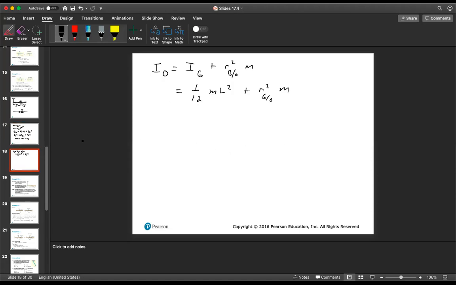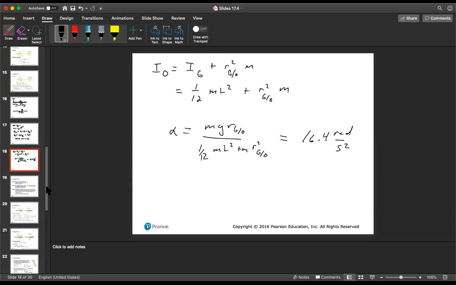So I guess working it out symbolically, I have alpha equals mgr divided by the moment of inertia. And plugging all my numbers in, I get 16.4 radians per second squared.